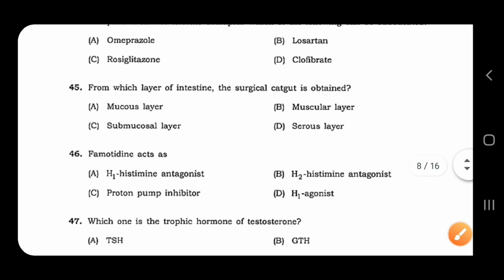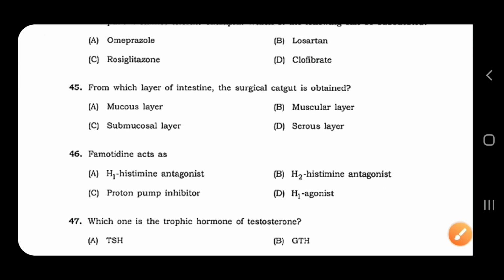Next is question number 45. From which layer of intestine is the surgical catgut obtained? Mucous layer, muscular layer, submucosal layer, serous layer.